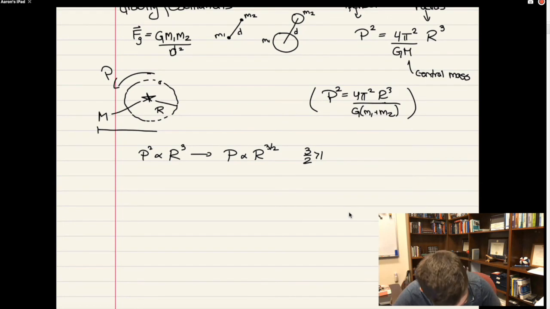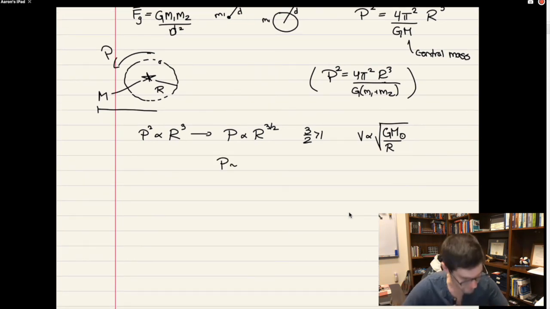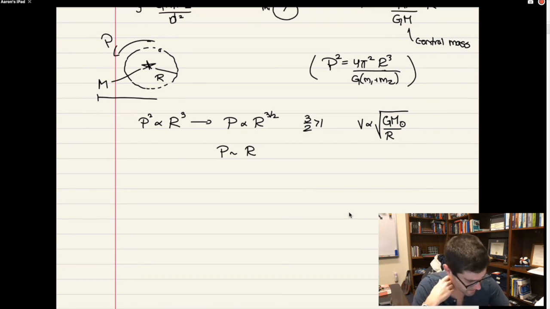In the in-class handouts, we show that the velocity of an object that goes around the sun, for example, goes as the square root of GM, the mass of the sun, over r. So you could say that the period should go roughly as the distance it has to travel, which might be something like 2 pi r, divided by the velocity that it's going around that circle.